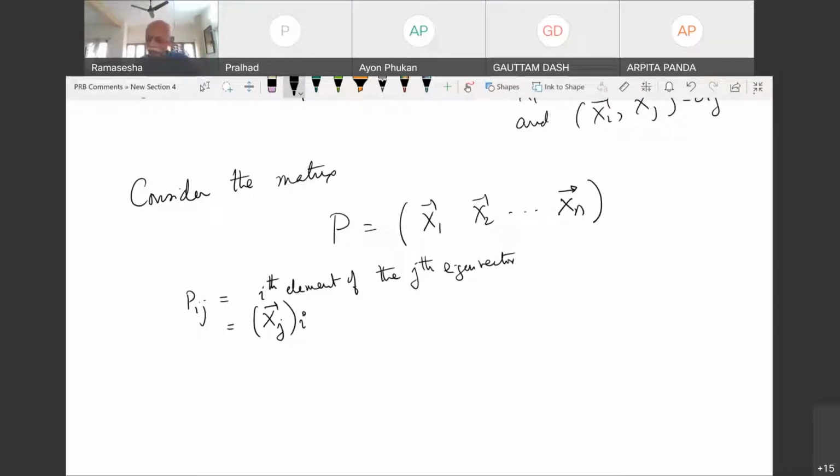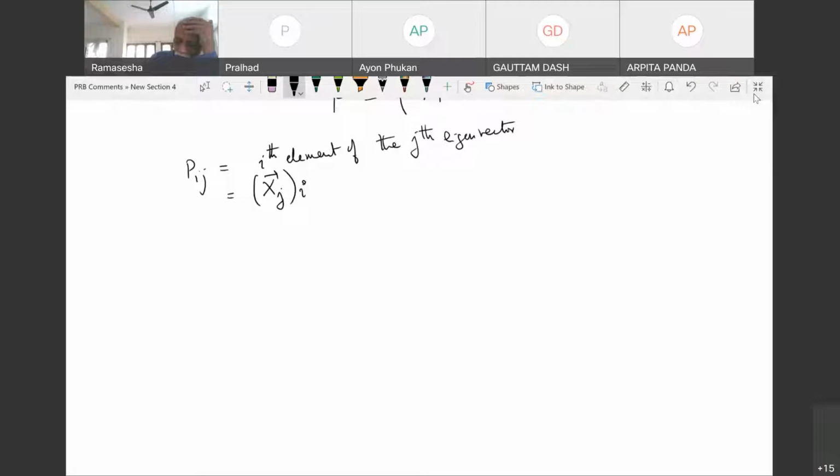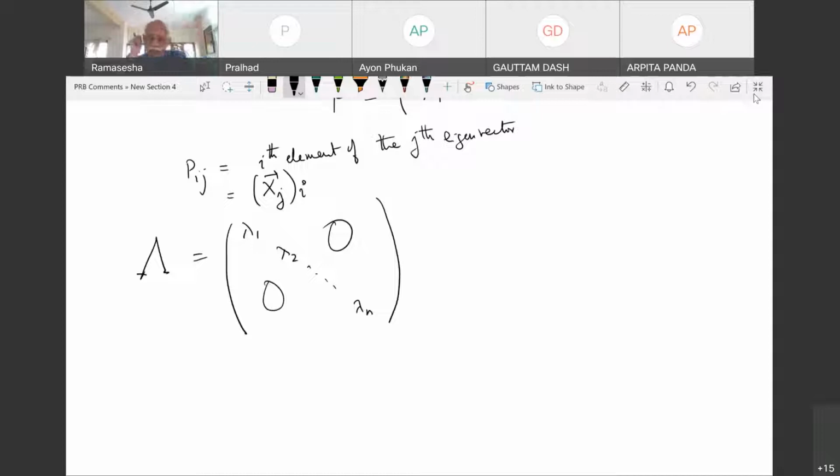Okay, now let me also consider another matrix, which is a diagonal matrix, lambda. This is equal to the eigenvalues on the diagonal, lambda 1, lambda 2, etc., lambda n. Everywhere else it is 0. So this is a diagonal matrix. Now, given this matrix, I can form two products.